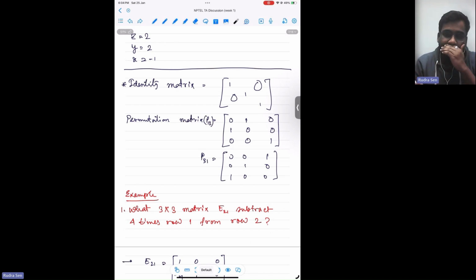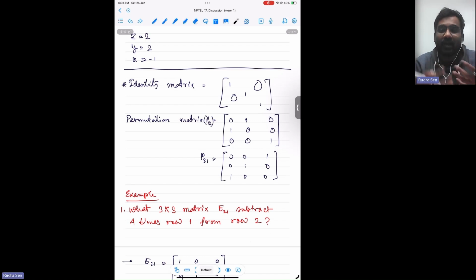In this class, in this discussion, we are talking about the row echelon form. In the next class, we will talk about the reduced row echelon form. The MATLAB command RREF basically does that.